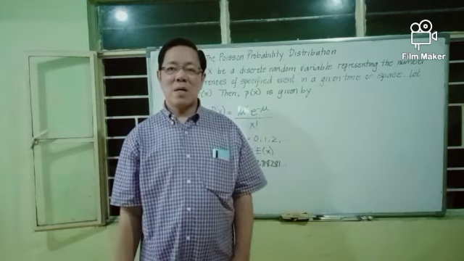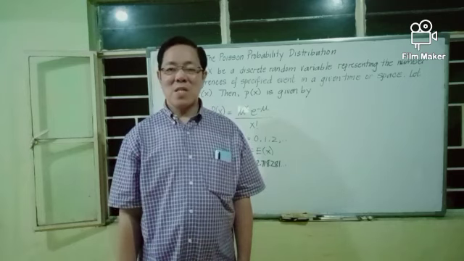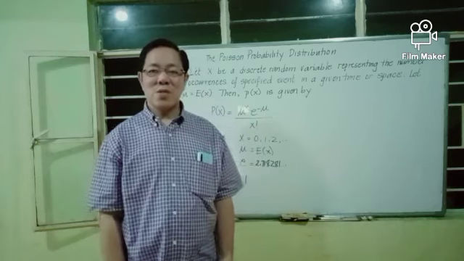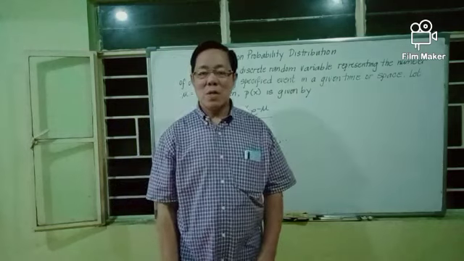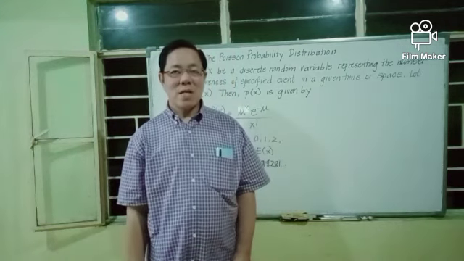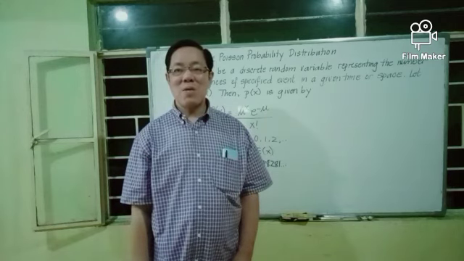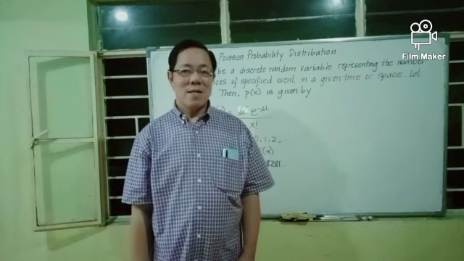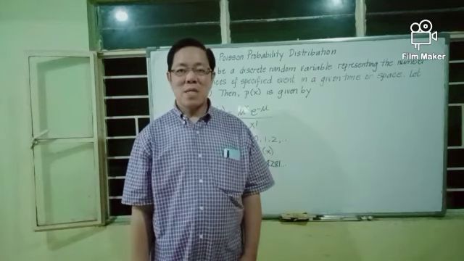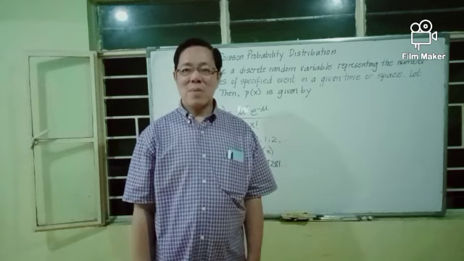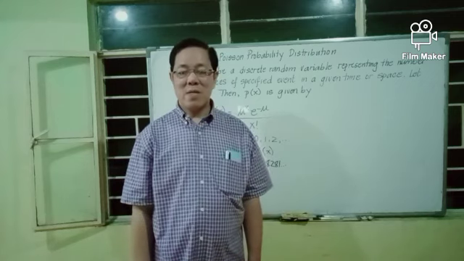Examples of variables for which the Poisson probability distribution is useful are as follows. The number of tourists who approach the immigration officer in NAIA during a given 3-hour period.